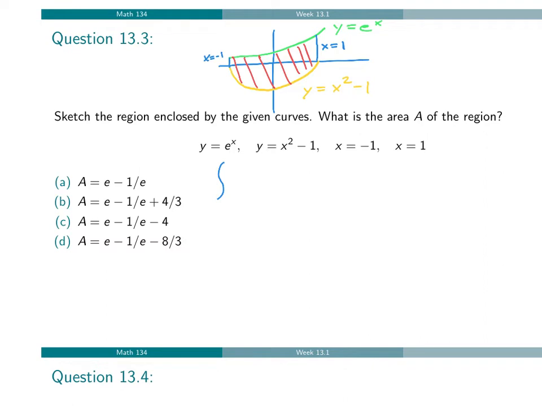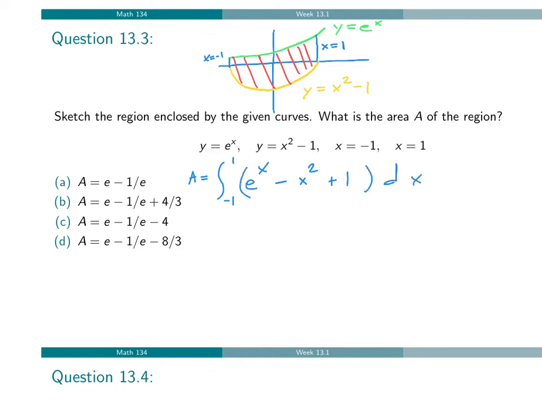So we have an integral that will represent the area, and that integral will be evaluated from -1 to 1, with our top curve being e to the power x minus our bottom curve, which is x squared minus 1, and I'll subtract a -1 to get +1.